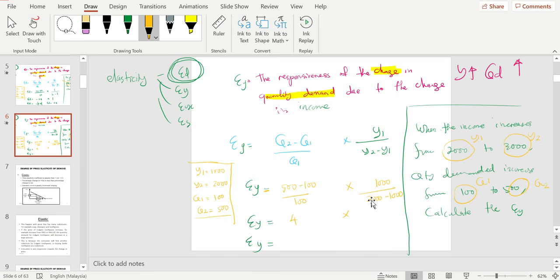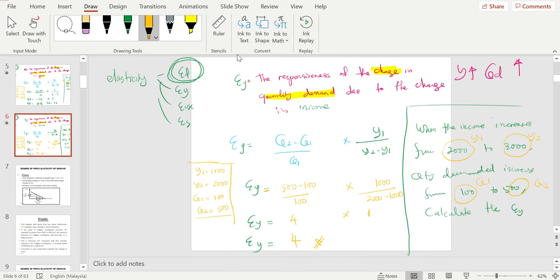While this one, 2000 minus 1000 is 1000, 1000 divided by 1000 is 1. Right? Must calculate it too. So 4 times 1 becomes 4. So this is your final answer. Simple as that.